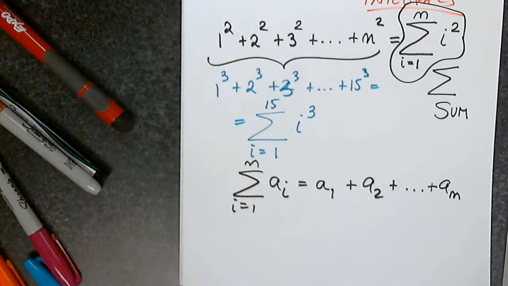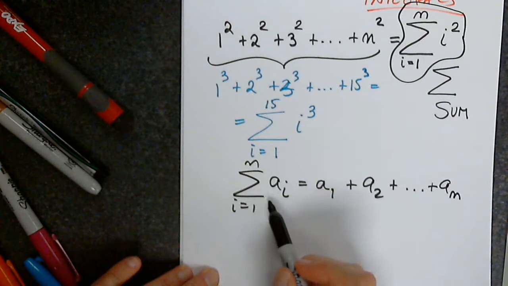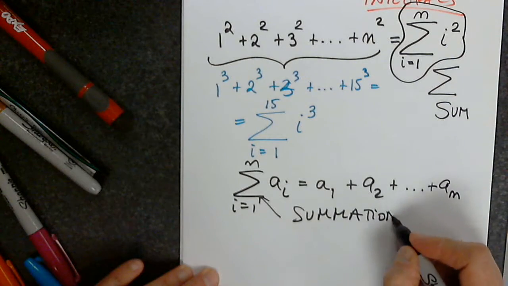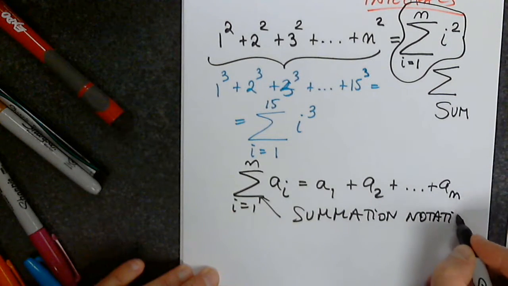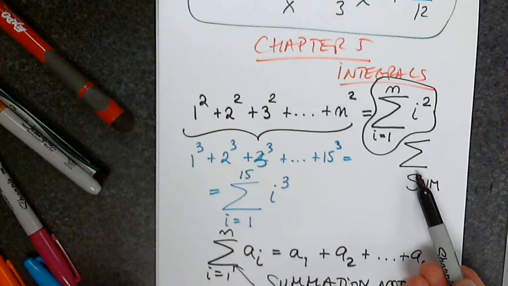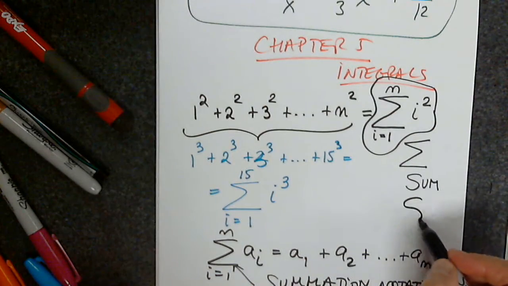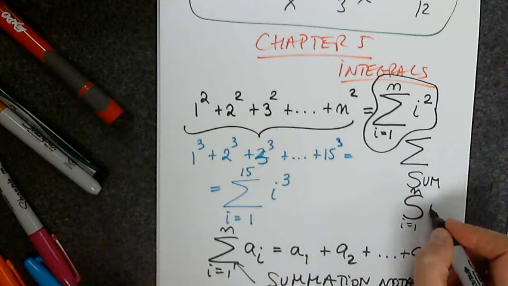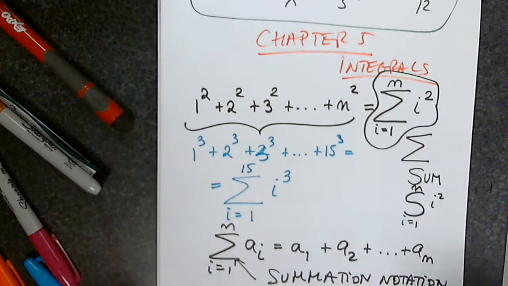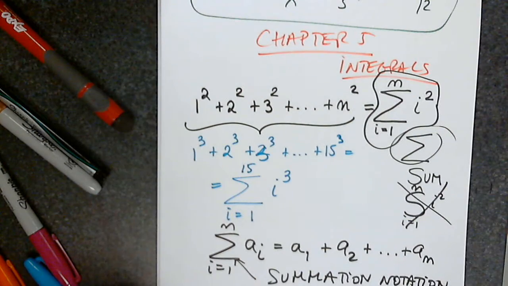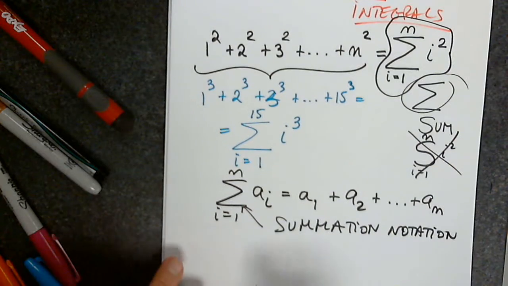Very good. So again, this is the summation notation. It stands for the Greek letter S, or the sum. It's a much better notation than this would have been. We could have written here I equals 1 to n from I squared, for example. This is more convenient notation, the Greek letter S. Good.